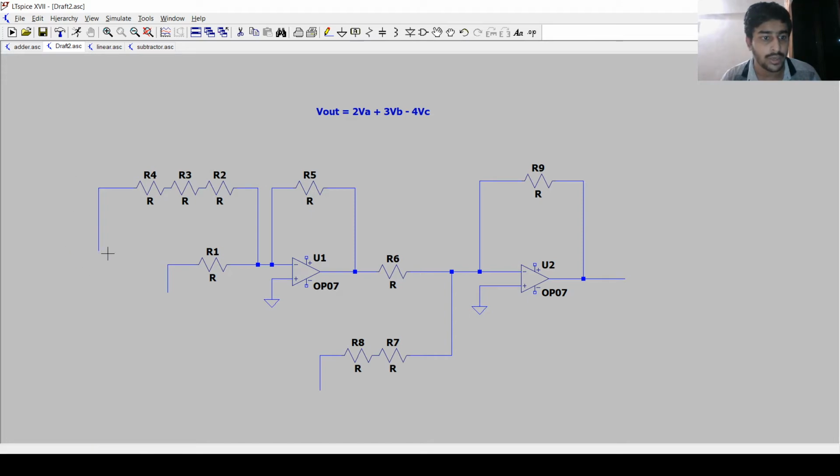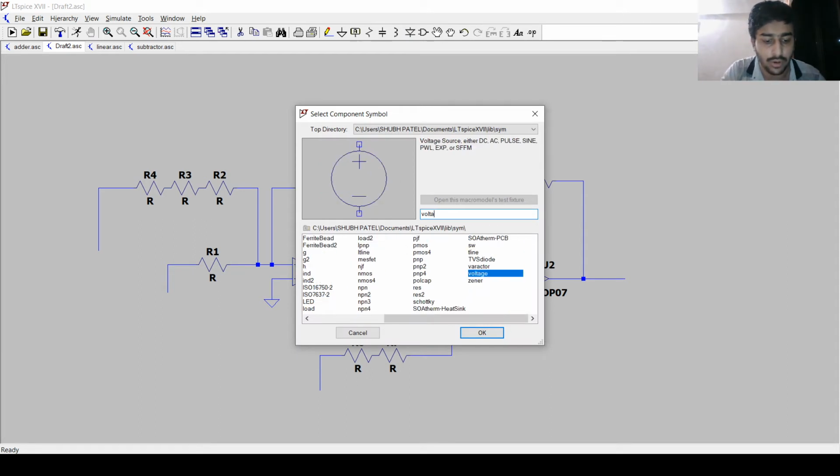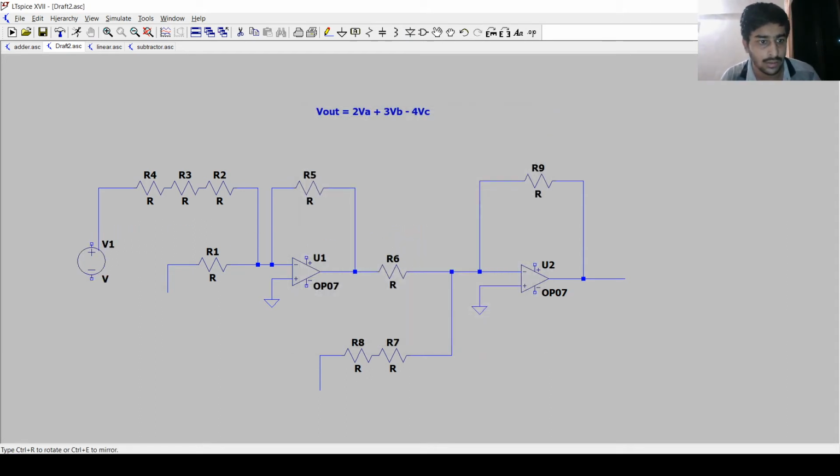We also need voltage sources to the inverting input terminal. So go to component, type voltage, press enter, connect them over here. The negative terminal of the voltage sources should be grounded.